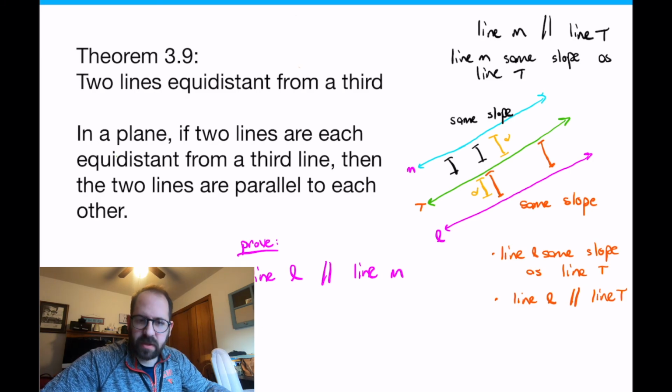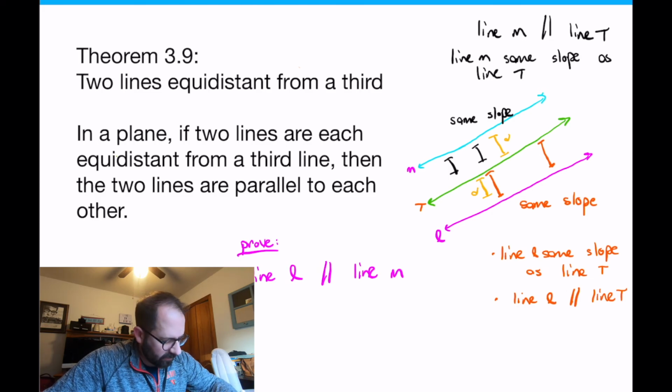And now this comes to the transitive property. This is the tricky, tough part that you have to kind of associate here.